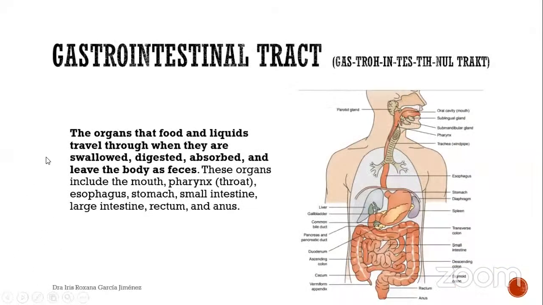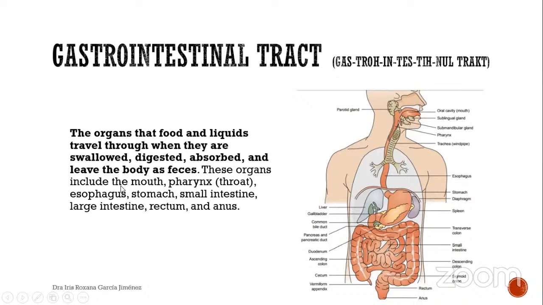About the gastrointestinal tract, I mean, this is the last one for tonight. Let's make a small effort, please. I know it's a very long presentation. The organs that liquids and food travel through when they are swallowed, digested, absorbed, and leave the body as feces.